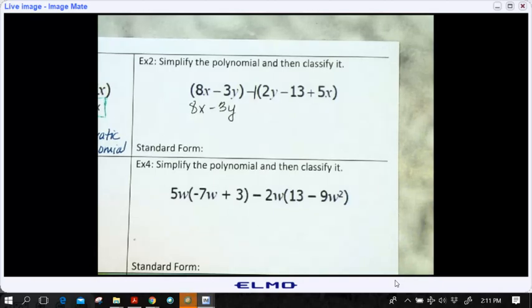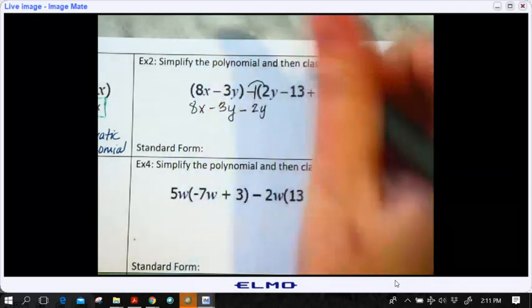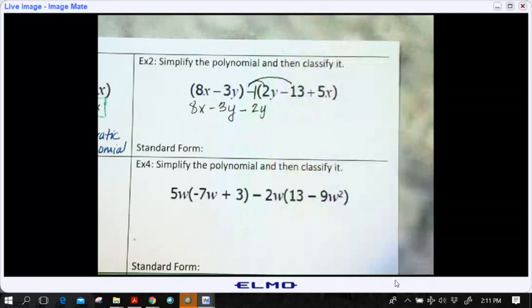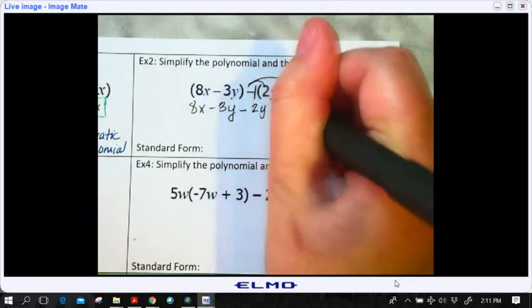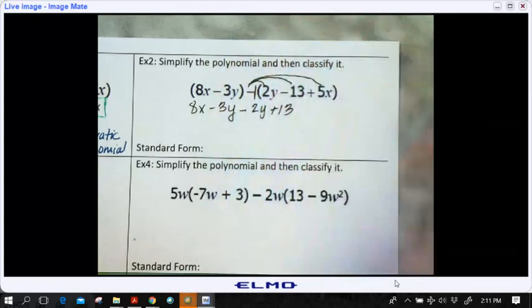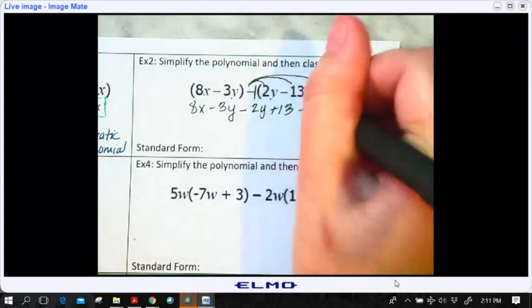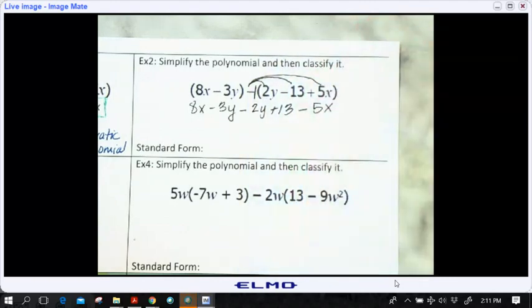So I need to go ahead and distribute this negative 1. So I end up with negative 1 times 2y is negative 2y. Negative 1 times negative 13 changes that to a positive 13. And negative 1 times positive 5x is negative 5x.